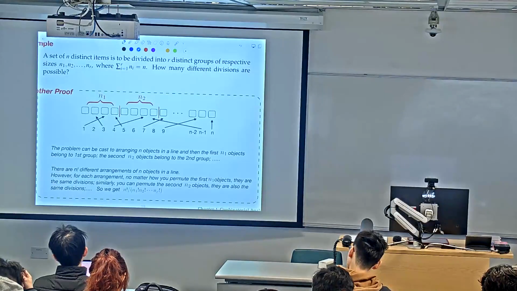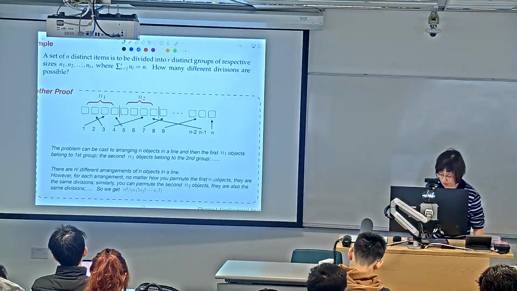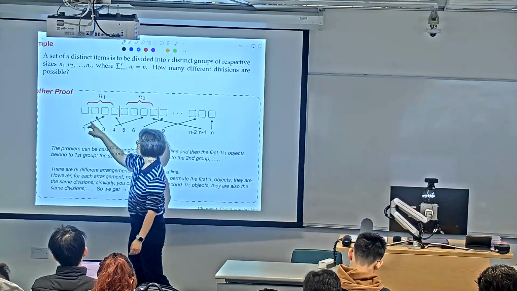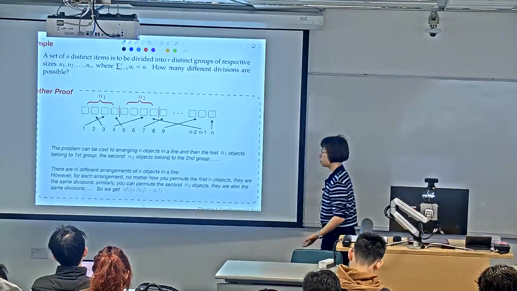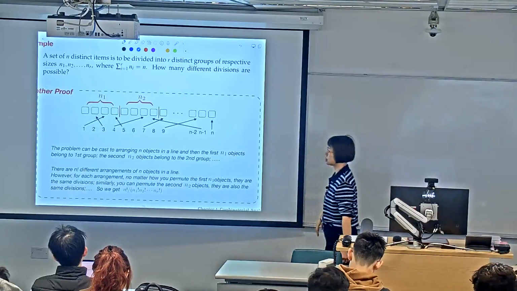numbers belong to group 1, the next n2 numbers belong to group 2, and so on. If the numbers in the first group, these n1 numbers, we don't really care about their ordering. So if you just consider linear ordering of the n numbers, we overcount.